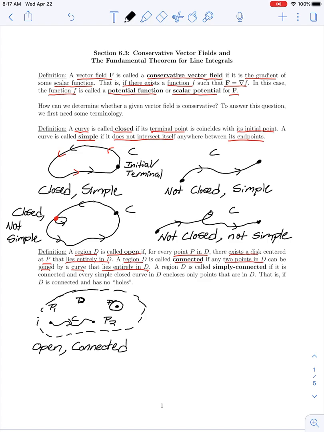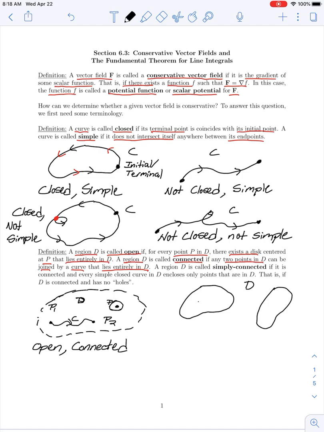Now, an example of a region which would be disconnected might be some region that consists of 2 distinct pieces. Let's say something like this, where D would be the union of these 2 plane regions.